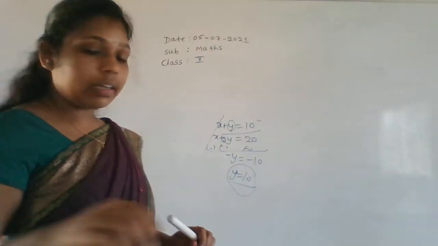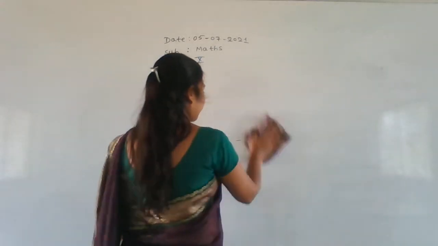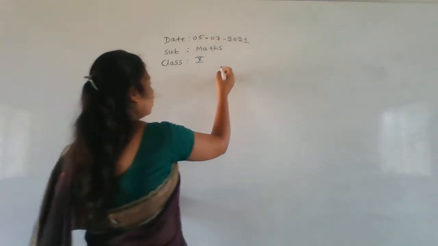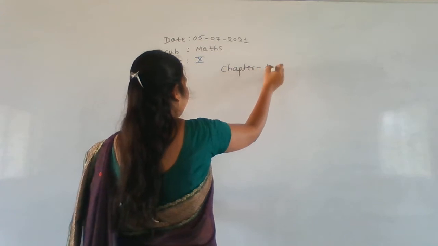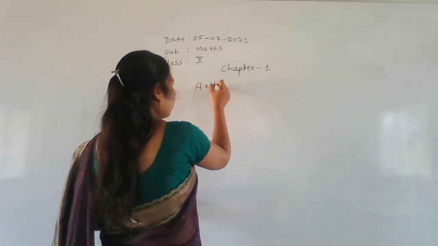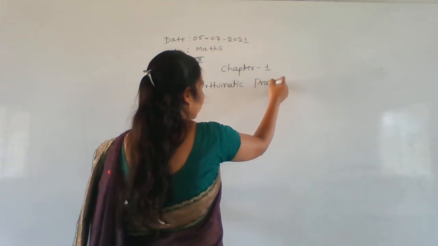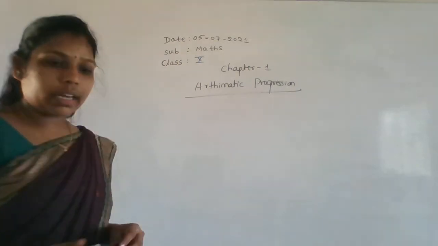The unit number 1, or chapter number 1, arithmetic progression. Here they give an introduction.